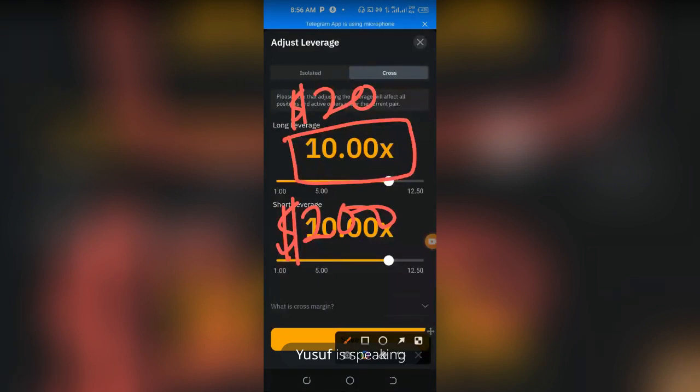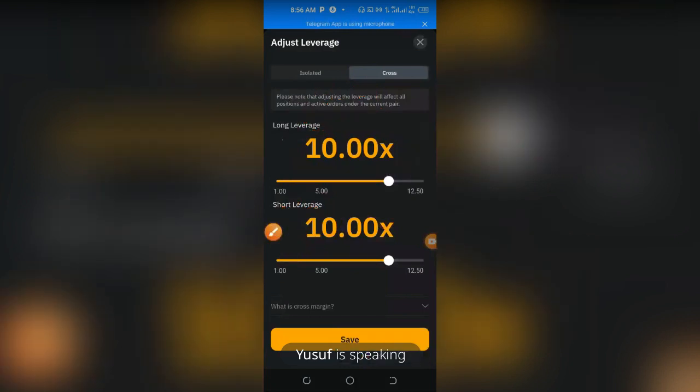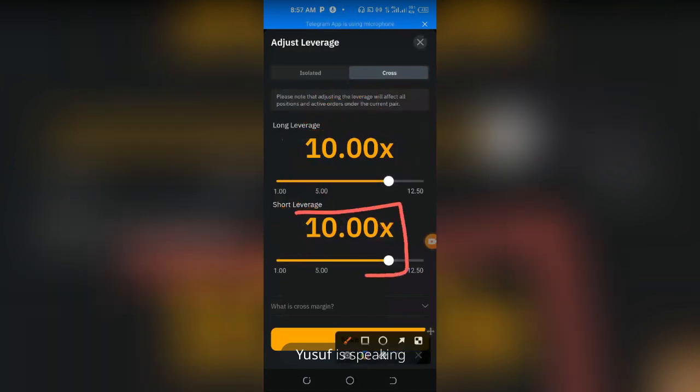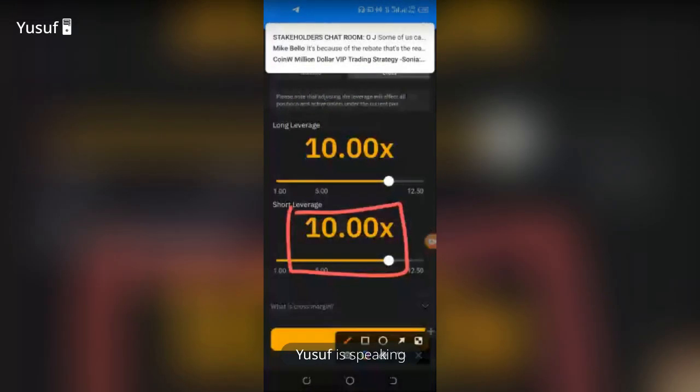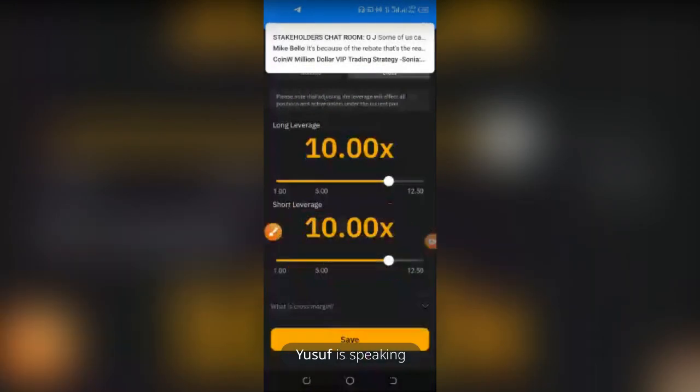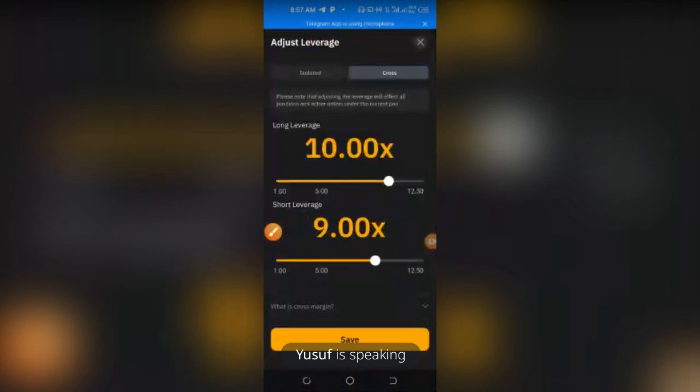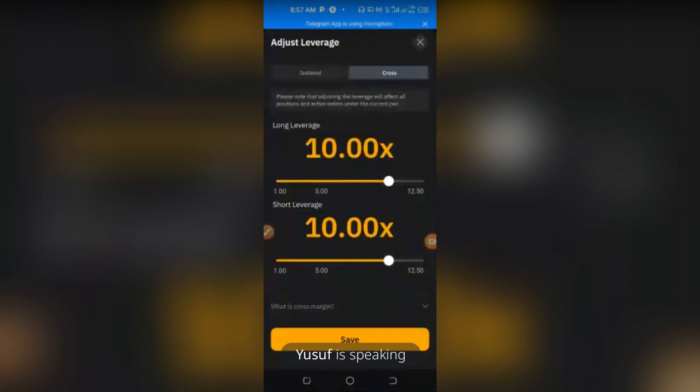That is for long. Then for shorts, if you also want to use 10x for a short position, you just set it at 10. Or you can choose that my long will be 5x and my short will be 10x, depending on you. You just need to move this button like this. See, 10x is too high for me. You reduce it. If you want 10x, you increase it.